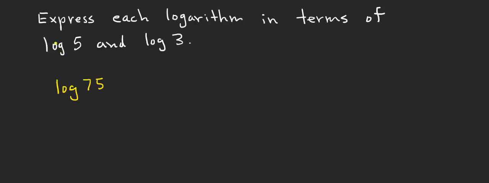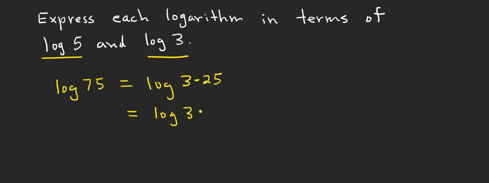We need to express each logarithm in terms of log of 5 and log of 3. Now notice this is a common logarithm. We don't see a base, so that means the base is 10. So let's break down log of 75. This is going to be log of 3 times 25. And 25 is 5 squared, so this is the same thing as log of 3 times 5 squared.